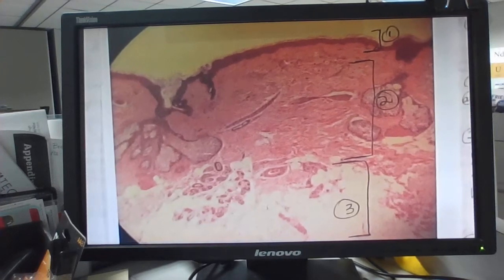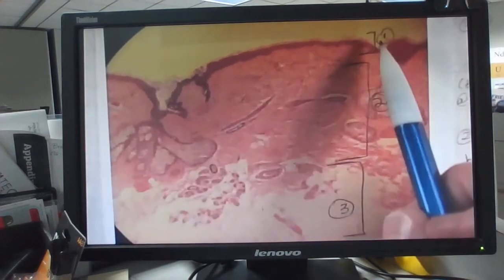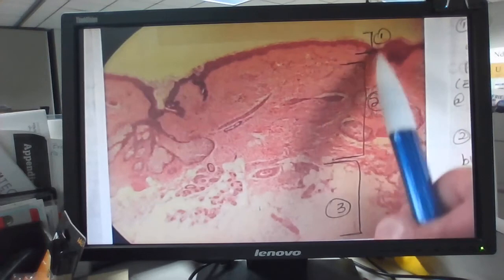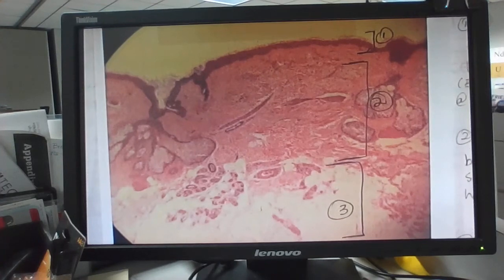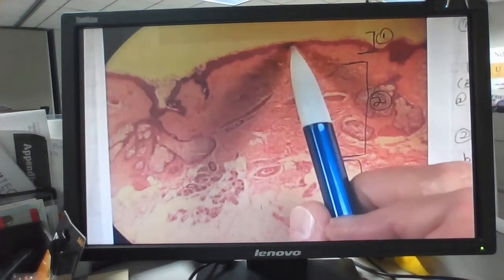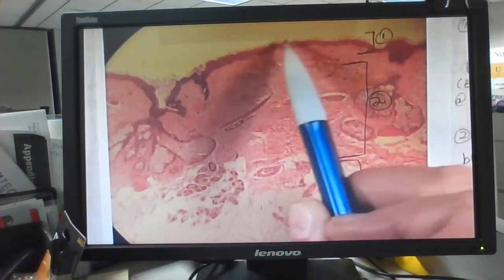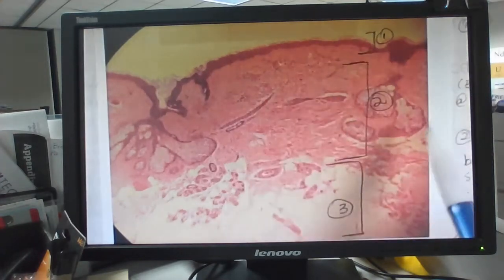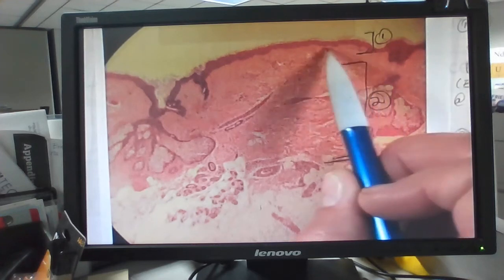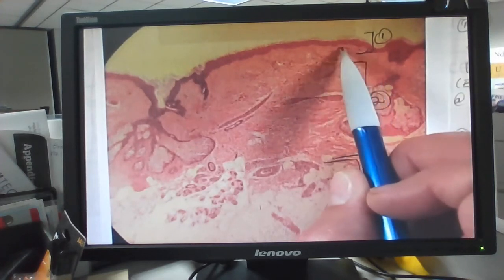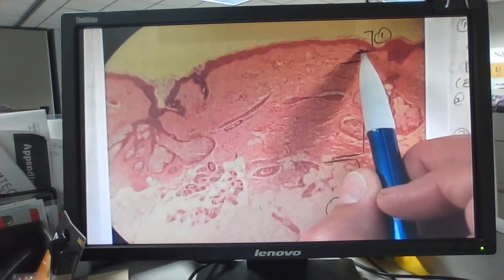Carcinoma indicates a cancer. Layer 1 right here represents the epidermis. The epidermis is a protective layer of your skin. It is made up of some dead skin cells, and you can see that layer of dead skin cells all the way on the top right there. The basal layer is at the bottom of the epidermis, and that's the area that's undergoing mitosis. That's where cell division is occurring.